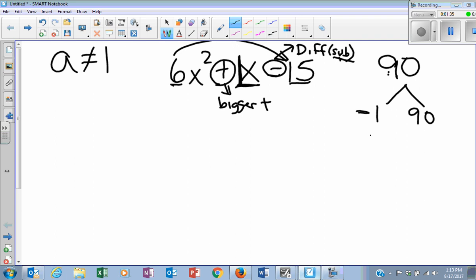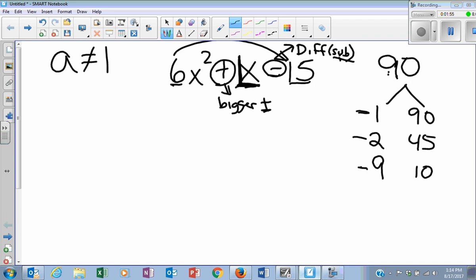So I could go up by 2, and 2 times that would be 45, but when I subtract them, I'm still not at 1, and I could keep going up, but hopefully we would be able to realize that 9 times 10 gets me to the 90, and when I subtract them, I get a 1. The bigger number is positive, so I'm going to put the negative with the 9.